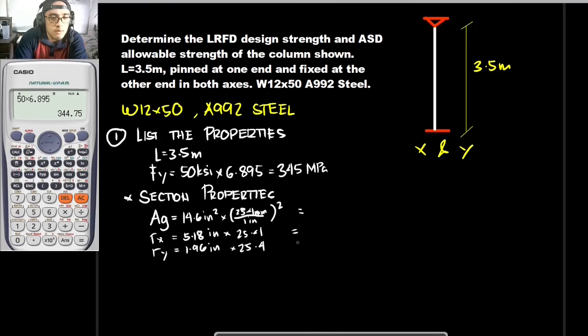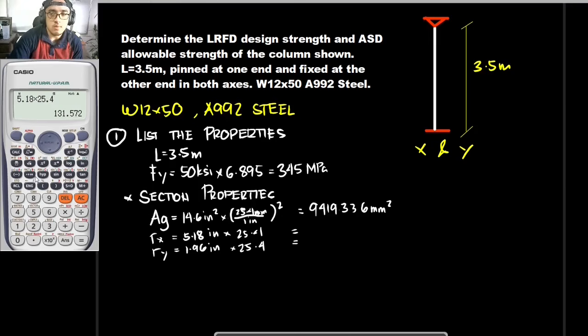Okay, so solving for those, ang AG natin would be 14.6 times 25.4 squared. So, times 25.4 once again, that is to be 9419.336 millimeters squared.